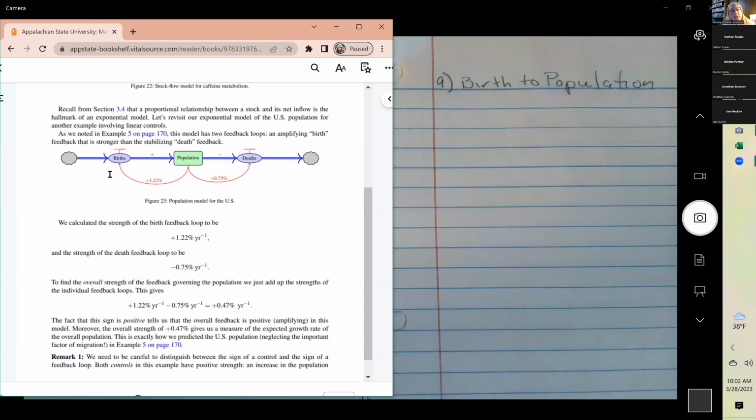This was births. The stock is your population, and then leaving the stock would be the deaths. What this one means is as the population grows, the births grow.